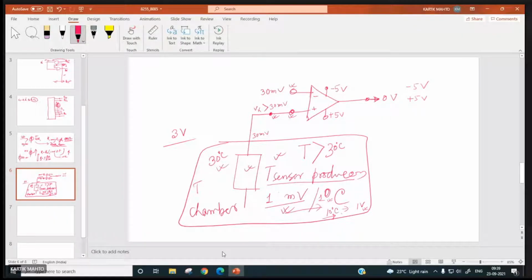So now suppose you feed this one to say PA0, port A pin 0. PA0 is one of the pins of port A, right? Yes. If PA0 is 1, it means what? Temperature here is more than 30 degrees centigrade.